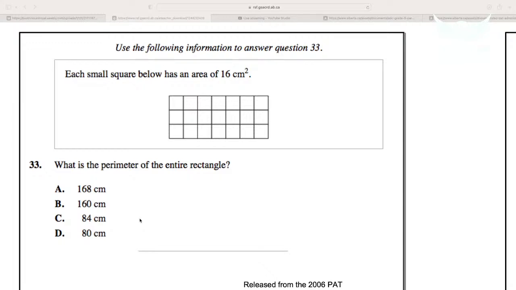Each small square below has an area of 16 centimeters squared. What is the perimeter of the entire rectangle?